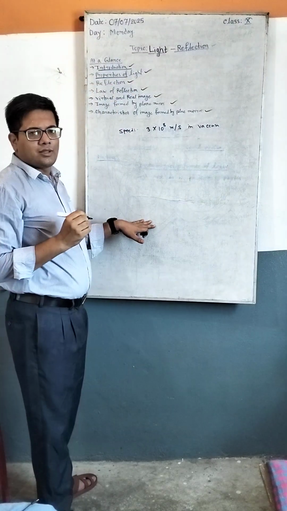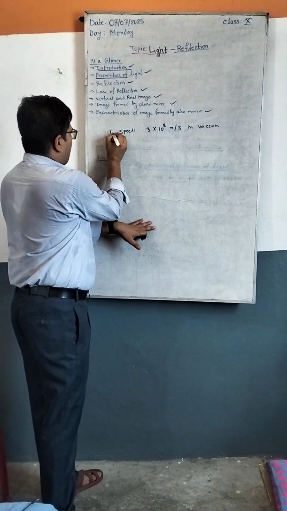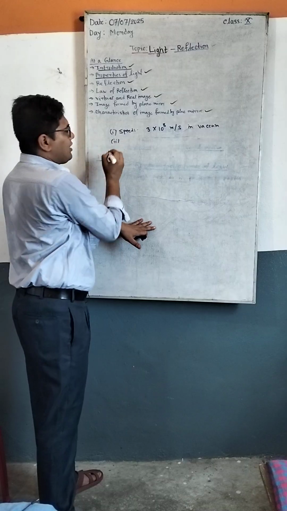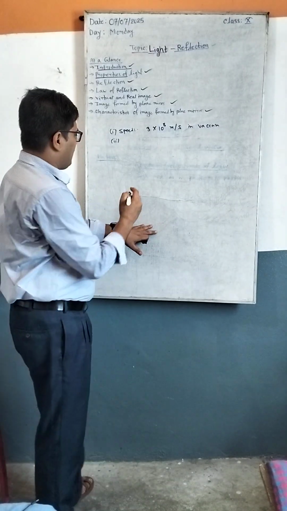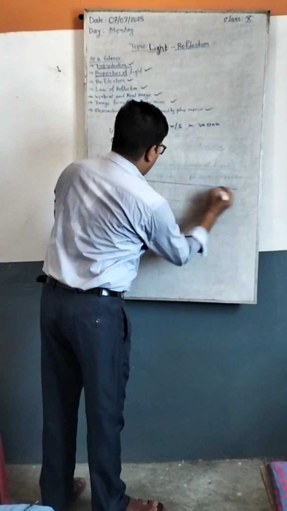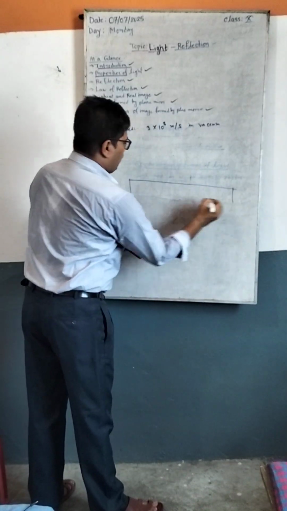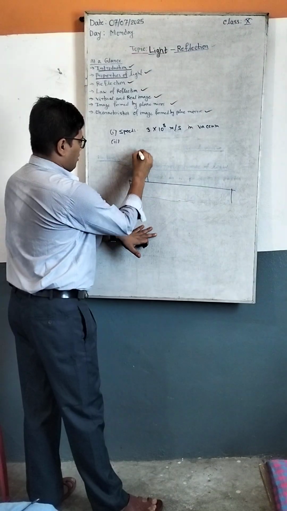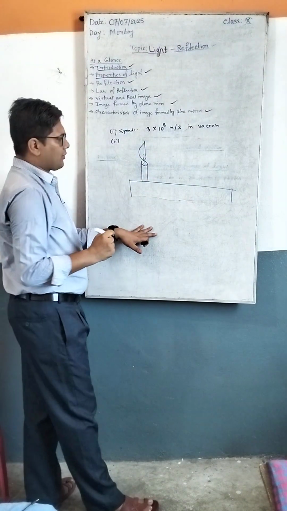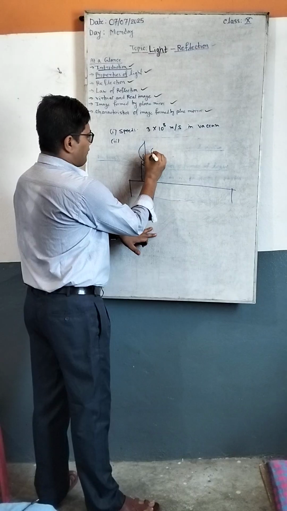The second property is that light always travels in a straight line. Suppose one example: here is a table. When you keep a candle, the candle has a flame, and there is a pipe.